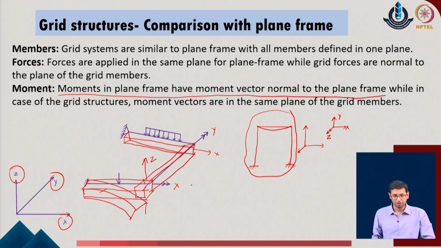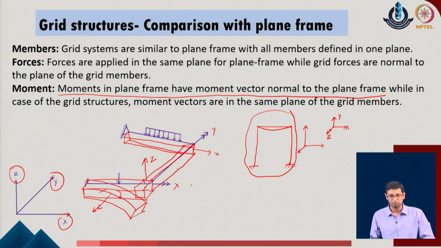So, at any point if I consider that this member is bending in this manner, the plane of the bending, the rotation of the system, and I now define the moment vector of the system, I realize that the moment vector will be in the same plane, along the direction y of the given system. So, if it is the member which was aligned along the direction x and that is bending, the moment vector on the system is about the axis y of the given problem.